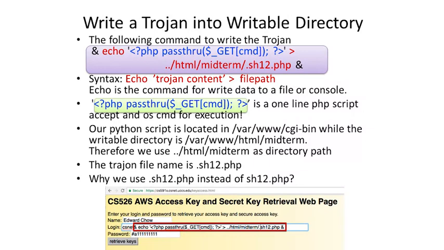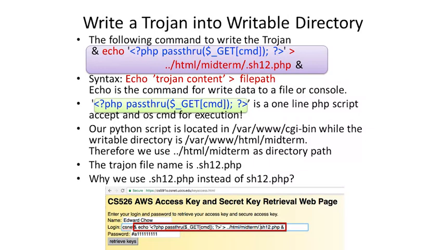The malicious content, the Trojan we are going to put in, is a single line of PHP code, starting with angle bracket question mark PHP. We use the PHP function called passthru and give it the parameter $_GET['cmd']. $_GET is a hash array provided by PHP when parsing the query string from the submitted URL.